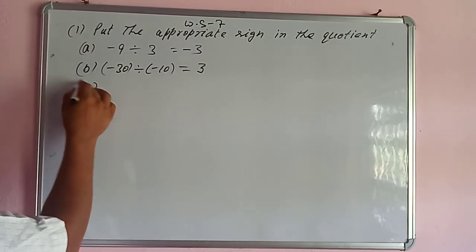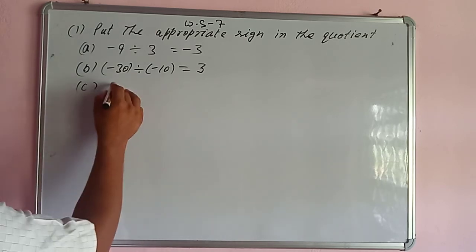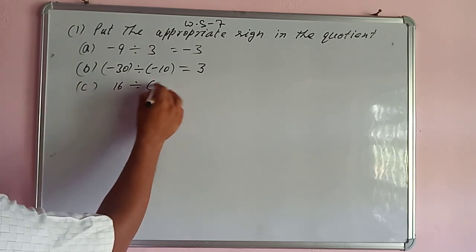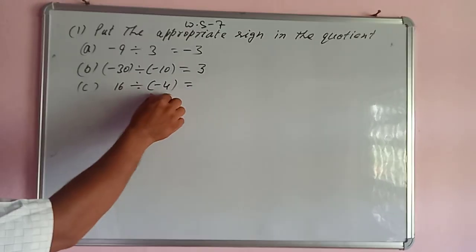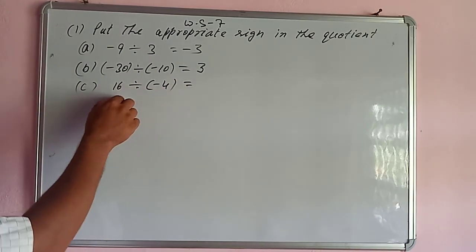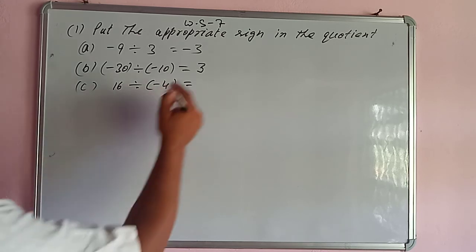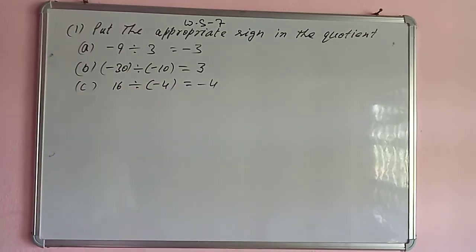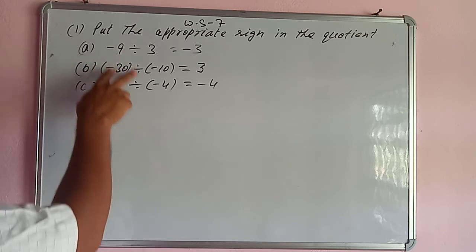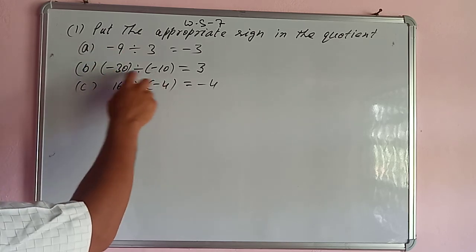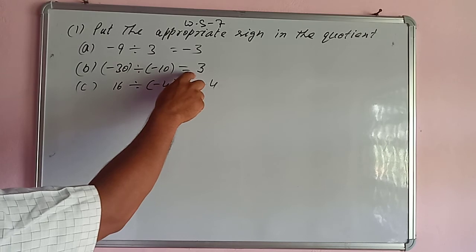And in part C, 16 divided by -4. Again in this question, the divisor is negative but the dividend is positive, so one term is negative, so our quotient is -4. So from here we see that if both dividend and divisor are negative, the quotient is always positive.